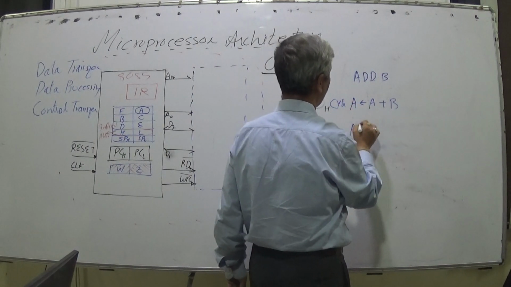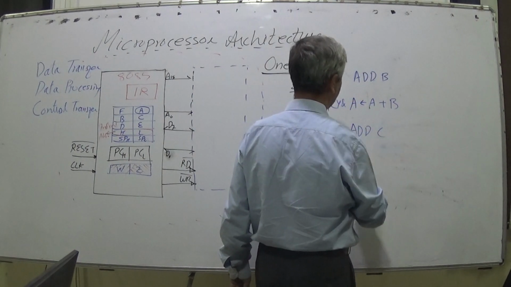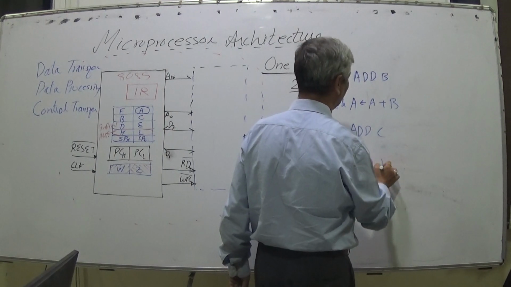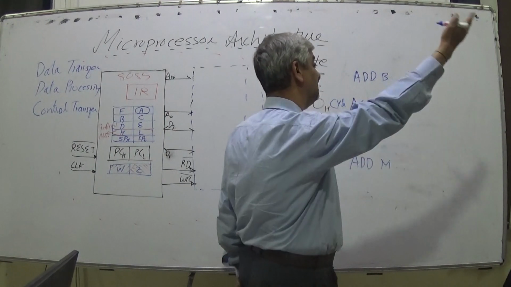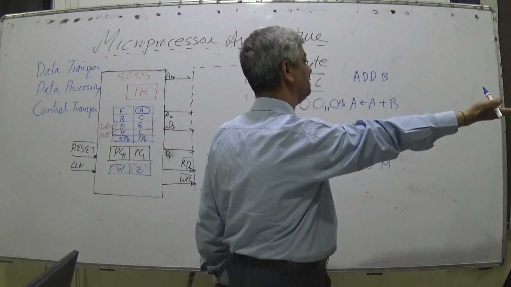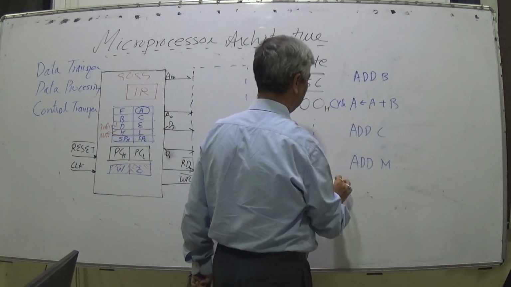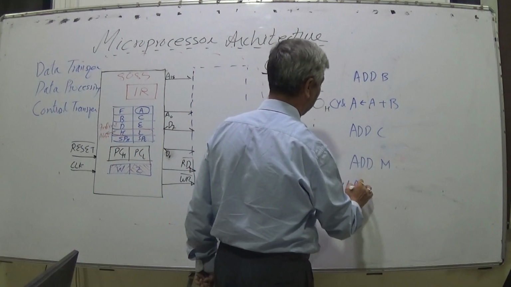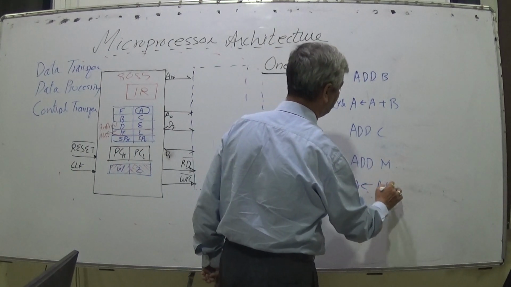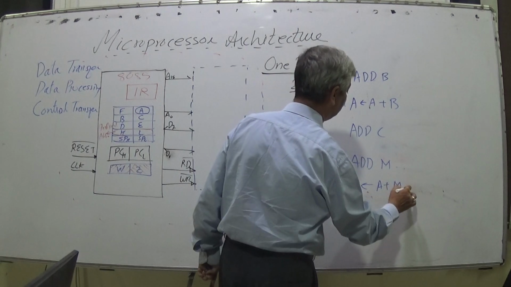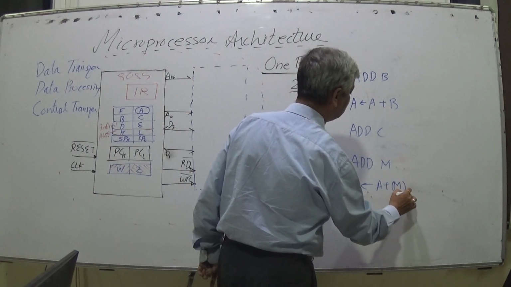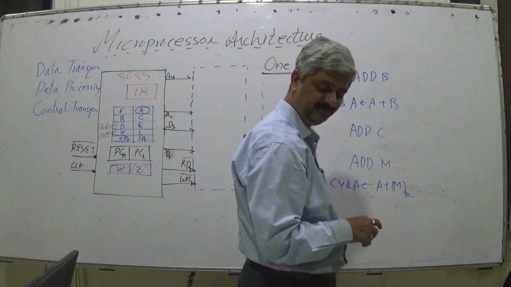Like that you can have add C, and like that you can have add M. Again a 1 byte external memory location given by the HL pair will come inside and get added, and A will be A plus that M. What is M? That is pointed to by HL.